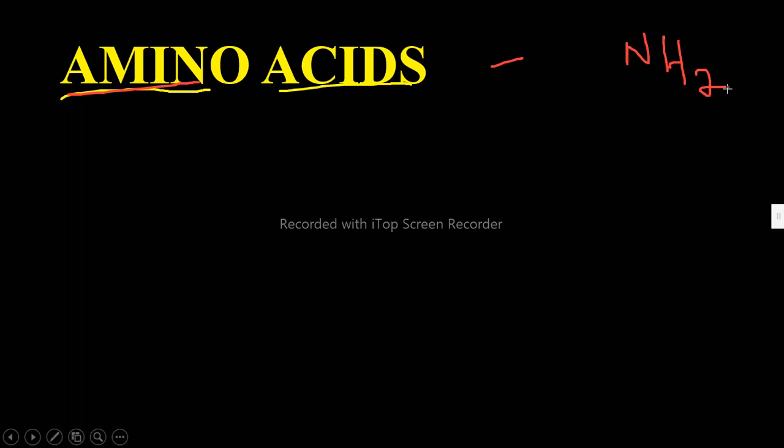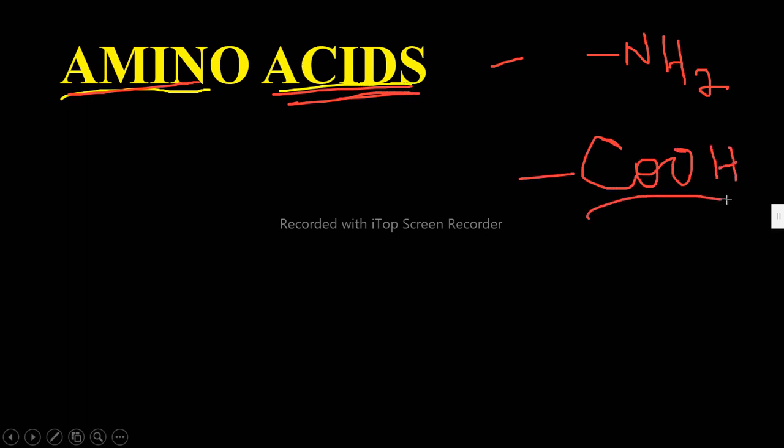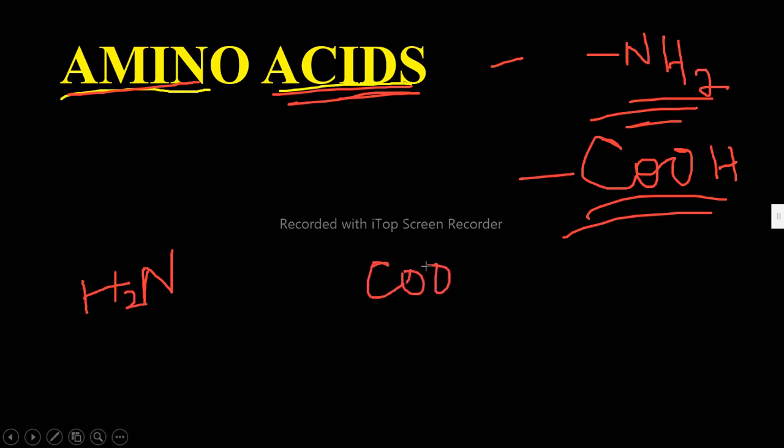And acids, we have one organic acid, which is a carboxylic acid. So if we combine these two, can't you form the amino acid? You can. You have the amino group, and then you have a carboxyl group.